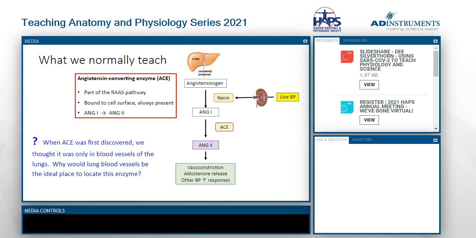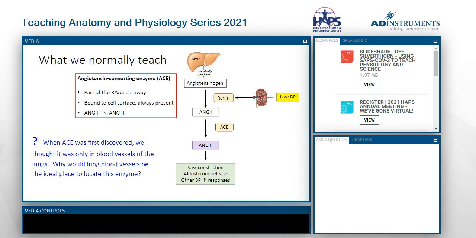And the answer is 100% of the blood is going to be passing through the lungs with every circuit, because you've got all the blood coming out from different body tissues, but then it goes out from the right side of the heart into the pulmonary circulation. So it's the one place you could put this enzyme on the surface of the endothelium to be sure that it is going to be exposed to all of the angiotensin 1 that is in the blood. So this is an anatomical reason for the function.